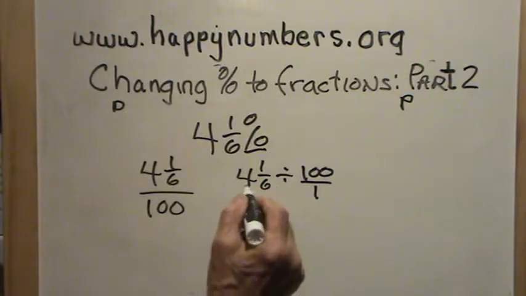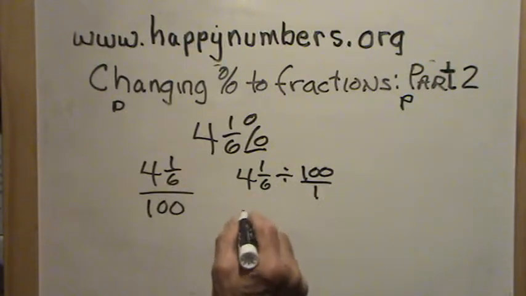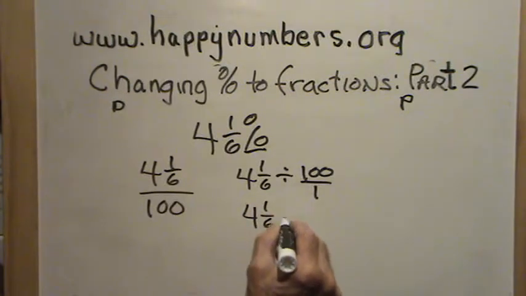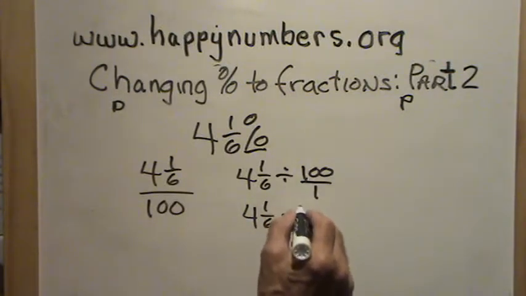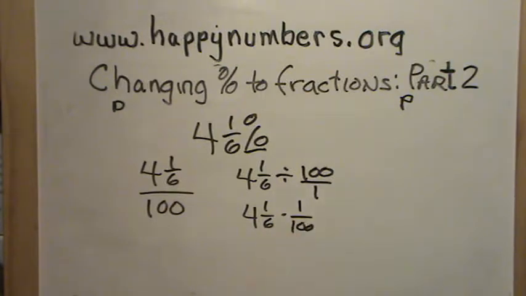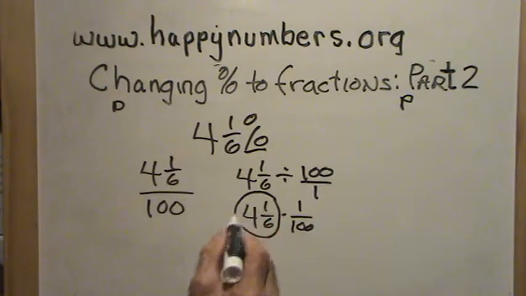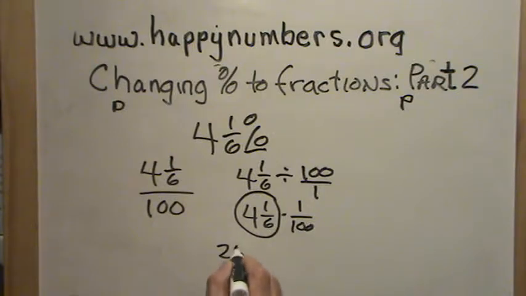Well, I know now in division of fractions, I have to rewrite the problem. 4 1/6 times, and I use the reciprocal, 1 over 100. Now I'm going to change this mixed number to an improper fraction. 6 times 4, 24, and 1 is 25 sixths times 1 over 100.